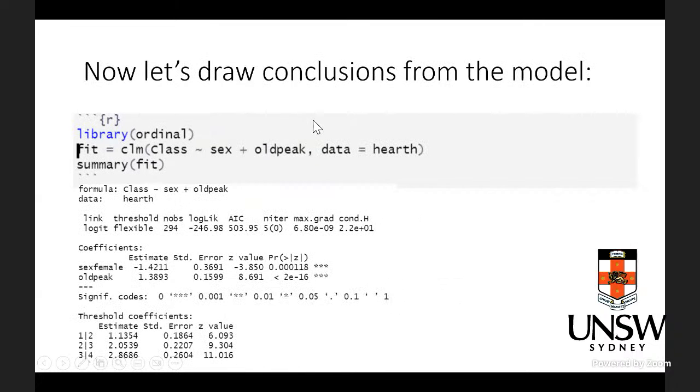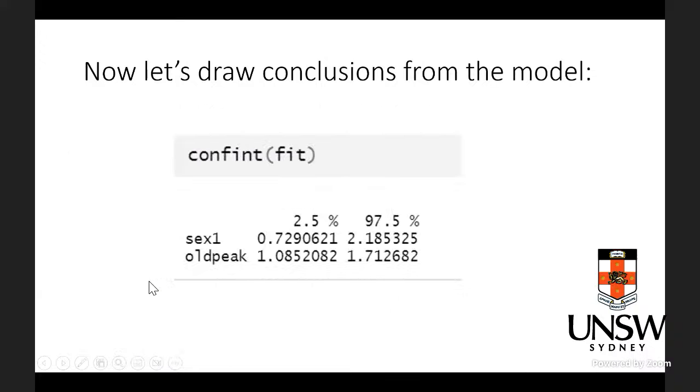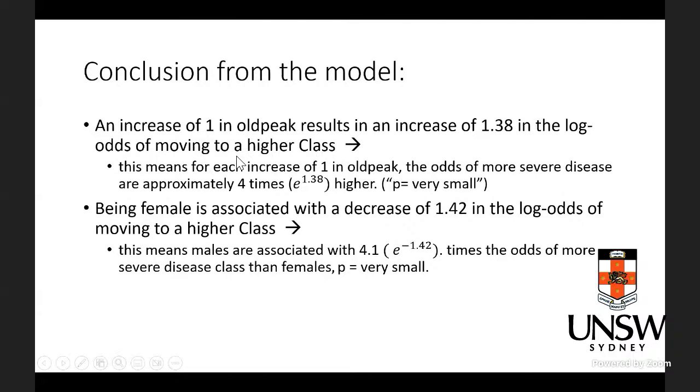Going back to this model, the coefficient for sex is minus 1.42, and the coefficient for old peak is 1.38. So what I know is that an increase of 1 in old peak results in an increase of 1.38 in the log odds of moving to a higher class. What this means is that for each increase of 1 in old peak, the odds of a more severe disease are approximately 4 times higher.